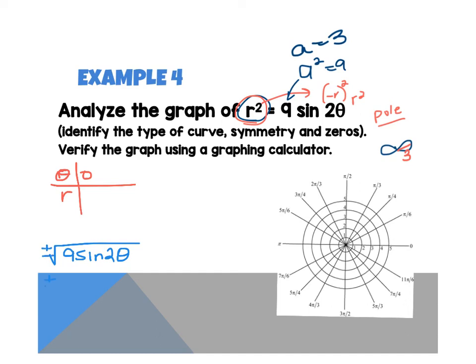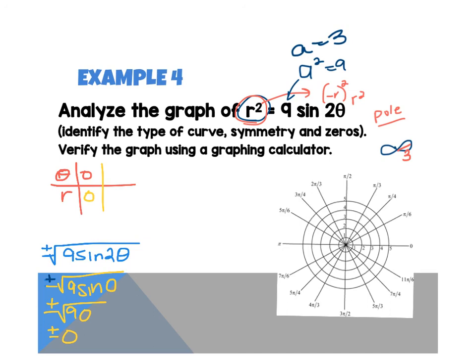So plus and minus the square root of 9 sine of 2 times 0, which is 0, plus and minus the square root of 9 times the sine of 0. At 0, sine is also 0. That's 0, plus and minus square root of 0 is 0. So at 0, it's 0, which means that first point's going to be here, which eliminates this possibility.